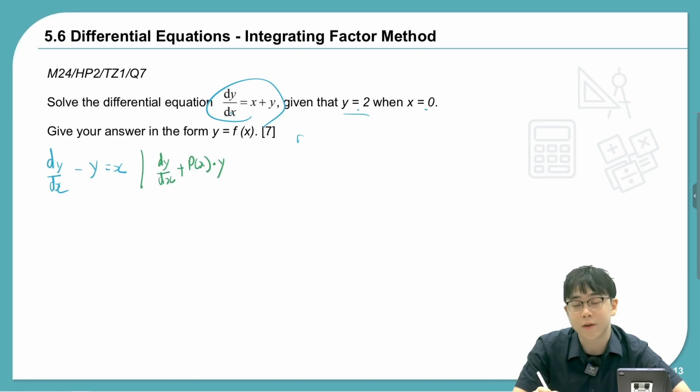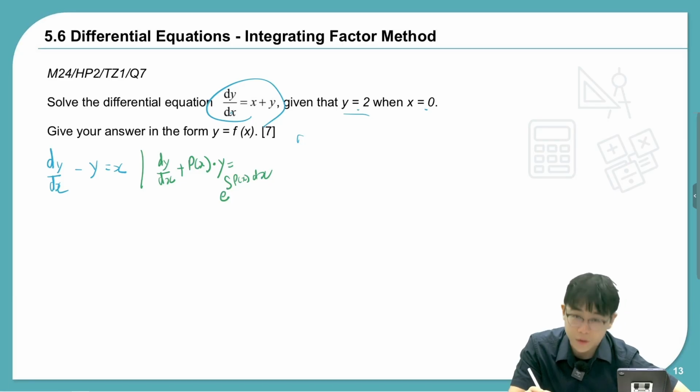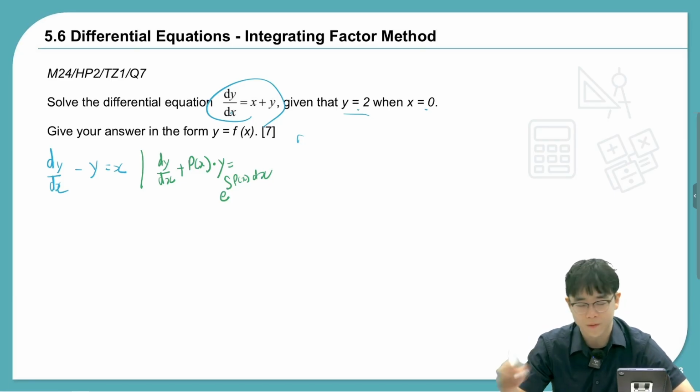So if you have dy over dx plus a function of x times y is equal to a function of x, what we would do is we multiply by e to the power of integral p of x, right? Because that way we'd be kind of forcing the left-hand side into a product rule of differentiation.